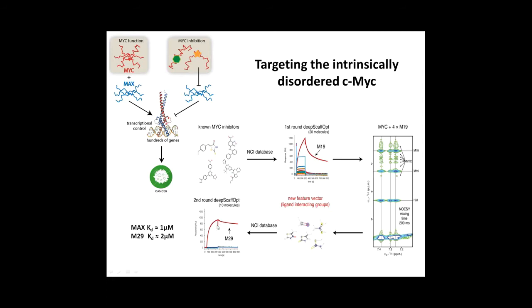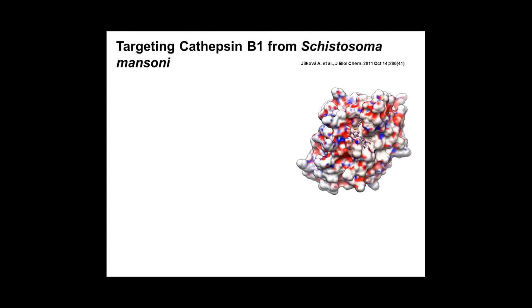And in the second iteration of drug discovery, I queried the whole NCI database for molecules containing these interacting groups. Using an enhanced DeepScaffold model this time, which included the 20 molecules that we tested in the first round, I screened these selected molecules and we ordered the top 10 of them for testing.